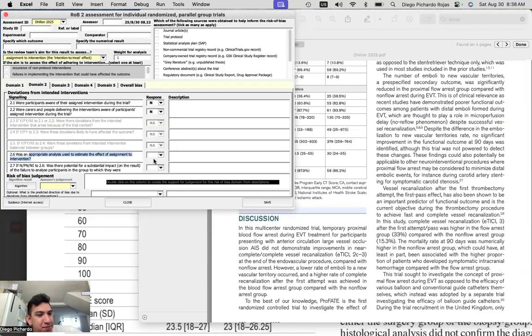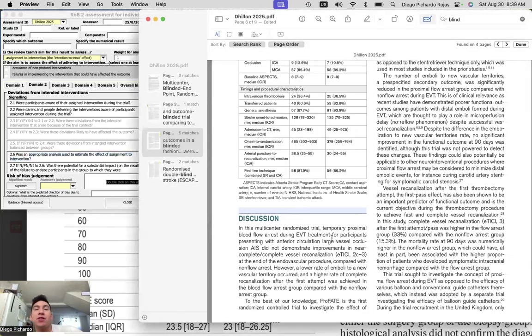All right, so, oh no, this is for, was the appropriate analysis used to estimate the effect of assignment to the intervention? That's another relevant point, whether the selection to intervention could have influenced the outcomes.